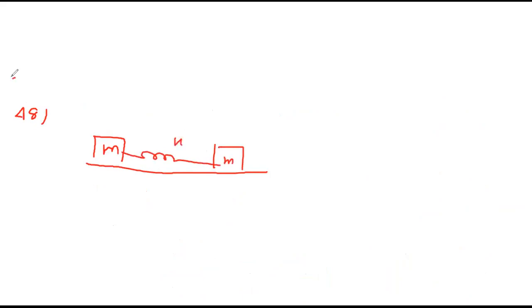Two identical metal blocks are resting on a frictionless horizontal wooden surface, connected by a light metallic spring having force constant of 100 Newton per meter and an outstretched length.